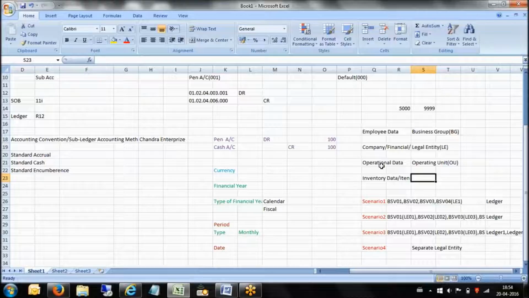There will be customers purchasing those finished goods. There will be banks who are recording your transactions, processing your payments, receiving payments from customers. So in all three units the same kind of operations are happening. You are dealing with customers, suppliers, and the bank. But all these three operating units are running under one legal company.